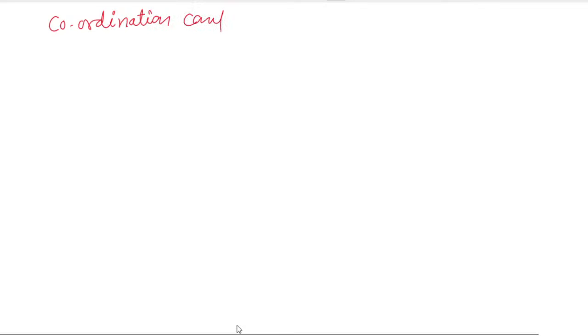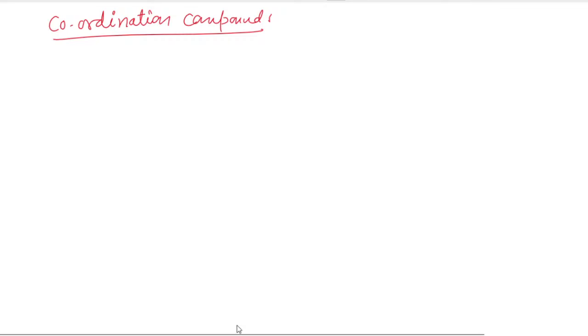First of all, there is a coordinate bond in it. Definitely there is a coordinate bond. But what is the technical definition of coordination compounds?